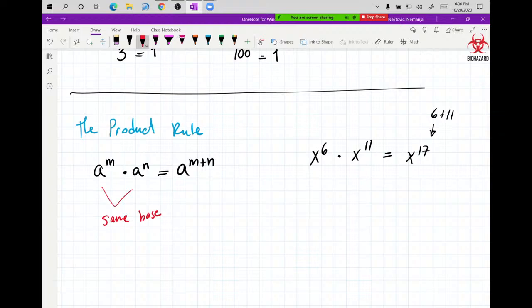In that case, you can compress them into a single answer, which is of the form when you add the exponents.